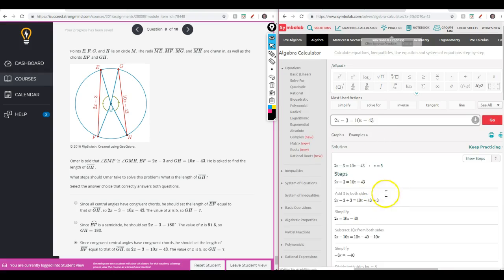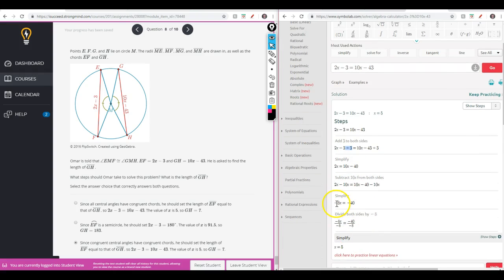If we hit enter, it tells us the steps. Add 3 to both sides. Simplify, so then they're subtracting 10x from both sides. Then you have negative 8x is equal to negative 40, and divide both sides by negative 8. So it does step you through the steps.